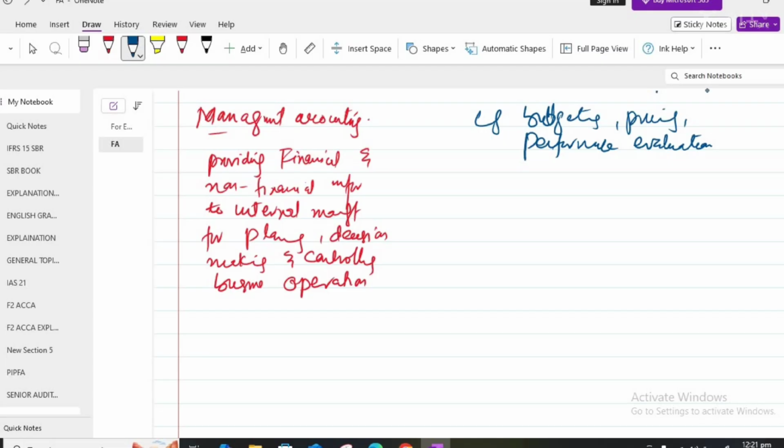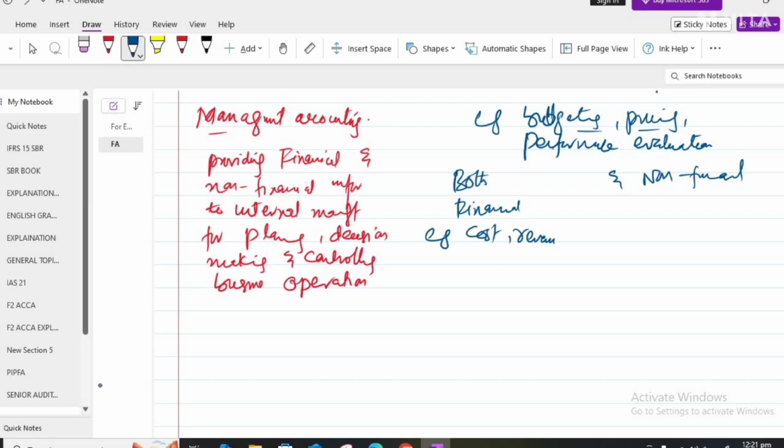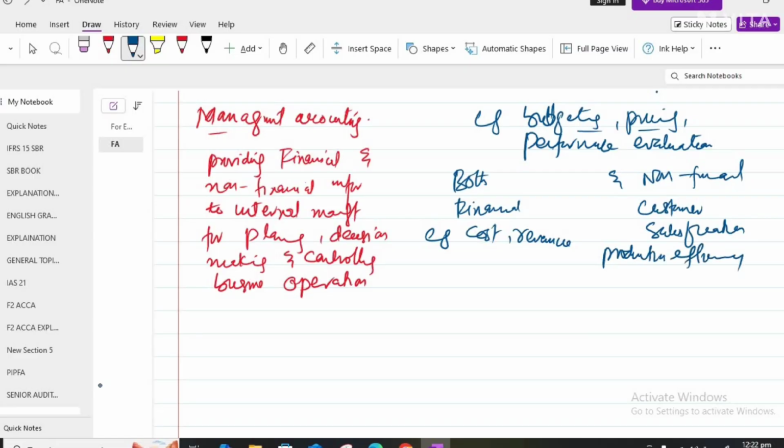Okay, it includes both financial and non-financial. Clear? By financial, we mean that it provides data about cost and revenue, and by non-financial, we mean things like customer satisfaction, right? Production efficiencies. Clear? This is non-financial information, and management accounting provides that information.